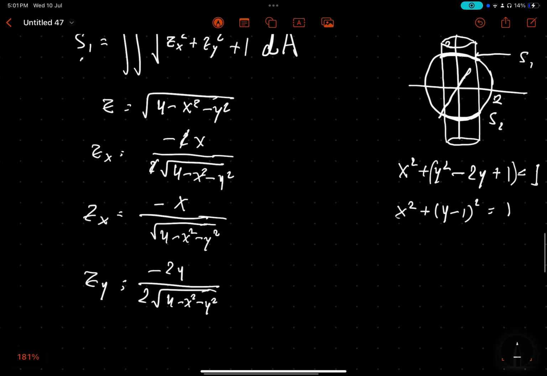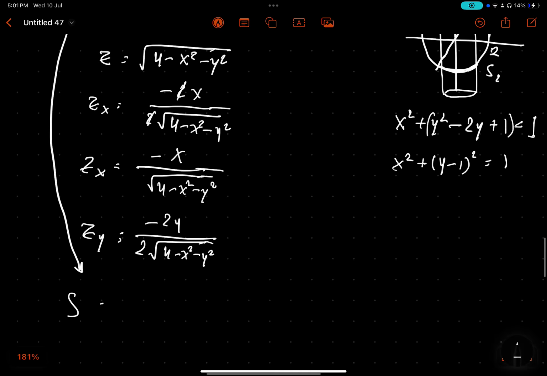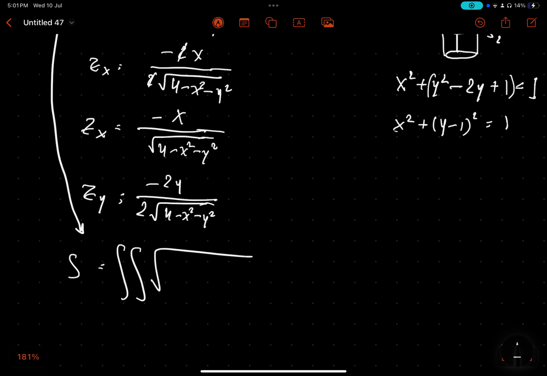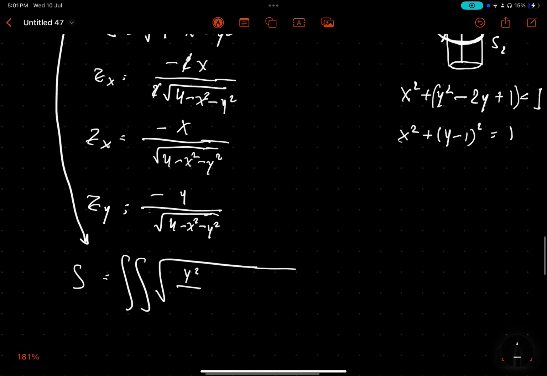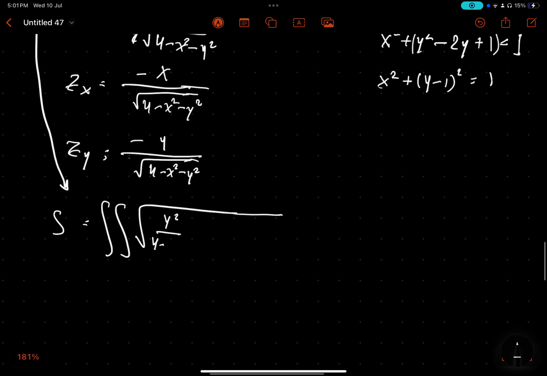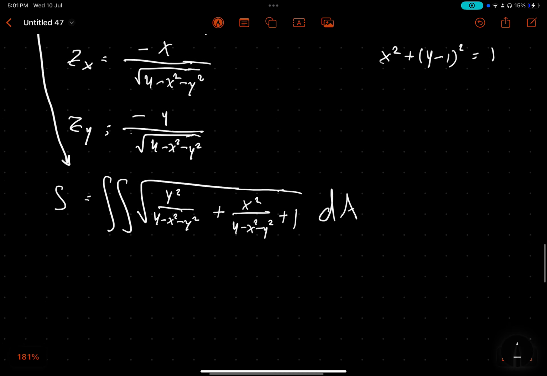When we substitute this into S, we get S equals the double integral of the square root of, when we square this, of course the 2 cancels, so we get y squared over 4 minus x squared minus y squared, plus x squared over 4 minus x squared minus y squared, plus 1. Now dA, or we can do dx dy, it's fine. We're going to convert to polar because it's easier here.